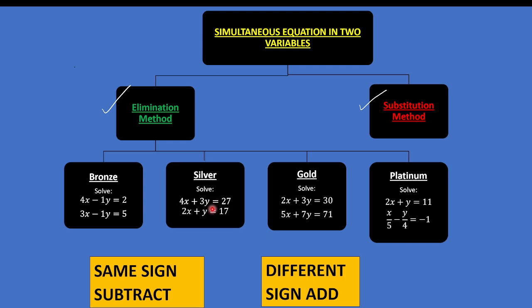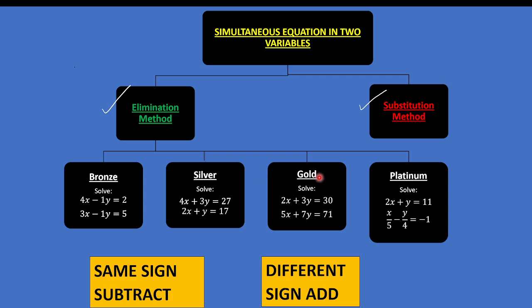Otherwise you could look at the x term as well. In the first equation it is 4x, in the second equation it is 2x. So 4x is basically a multiple of 2x. So here we can go with x, here we can go with y as well.